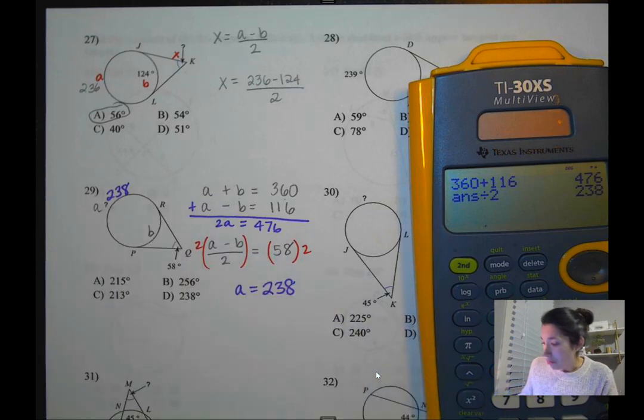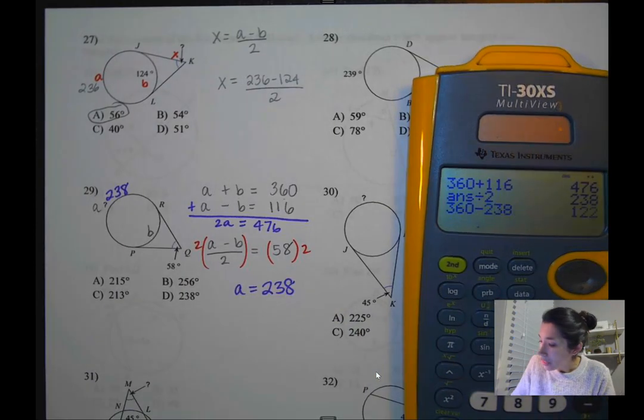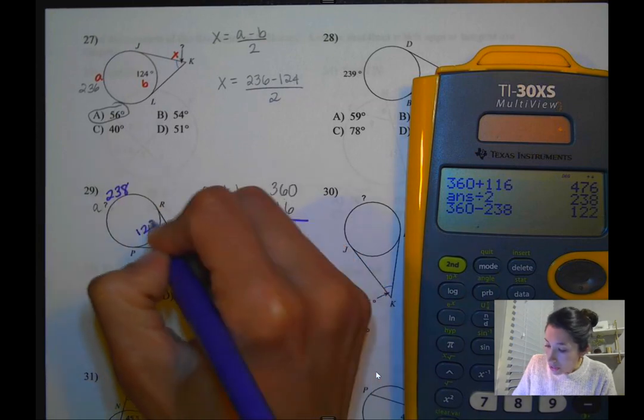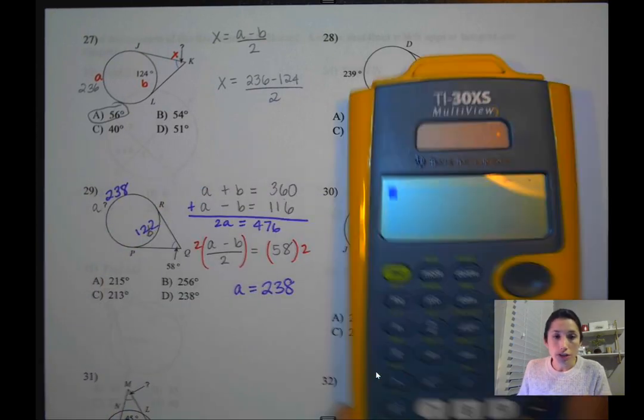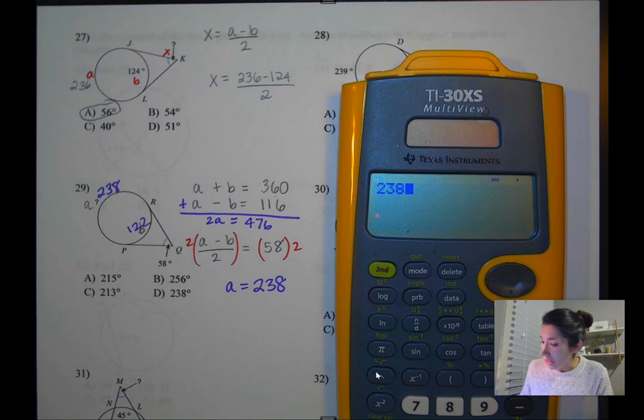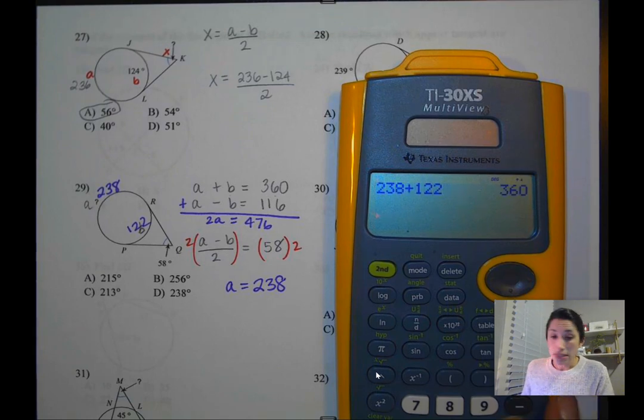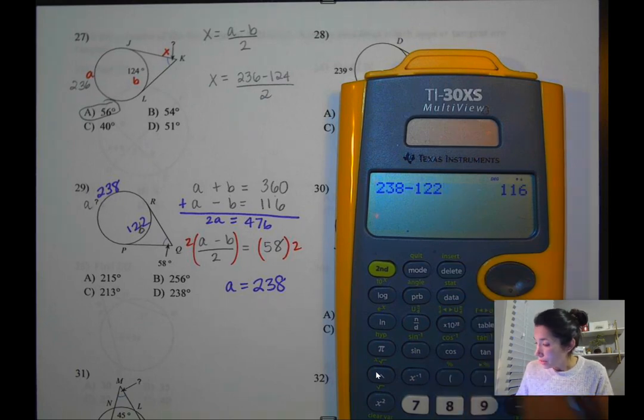Our other part, if we needed to find it, would be 360 minus 238, so this part here would have been 122. Then you could verify for yourself: is 238 plus 122 equal to 360? It does. And when I subtract them and divide by 2, am I getting that outside angle 58? And we are.